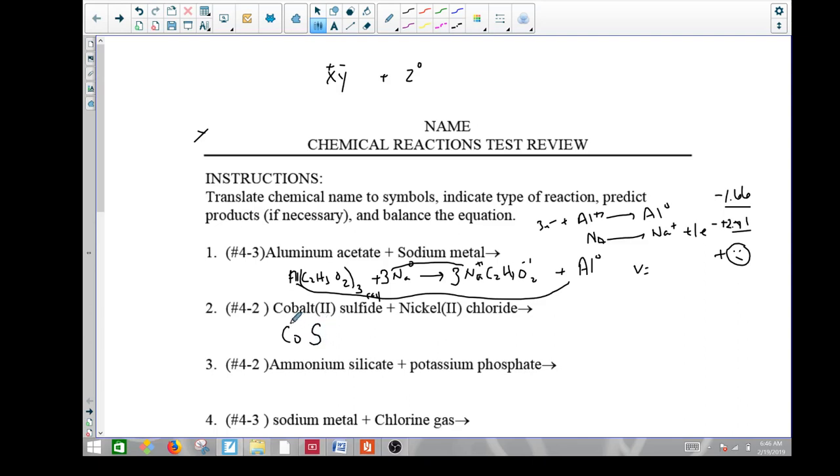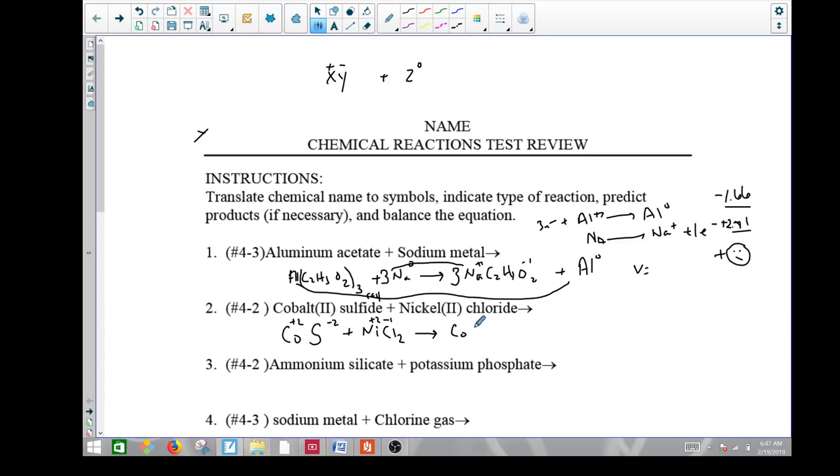Alright, next one, cobalt 2 sulfide, CoS. This is a +2 -2, plus nickel 2 chloride. Chloride's a -1 charge, so only a 2 right here. This is +2 -1. I always encourage people to write the charges above them. This is a solubility reaction, so this cation will have an opportunity to go with the chloride.